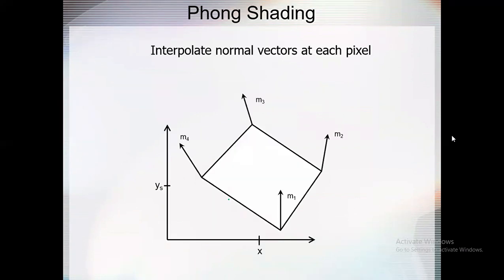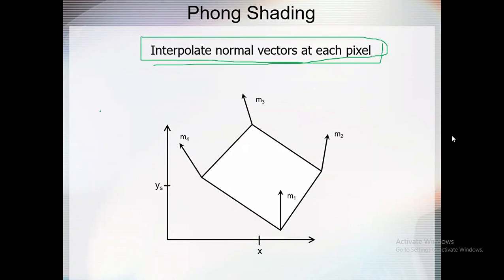So Phong shading here comes. So interpolated normal vectors at each pixel, not the vertex normal. That means not the normal over here only, each pixel. We are going to do for each pixel. So we have these things for M1, M2 for every pixel, and we calculate this way.